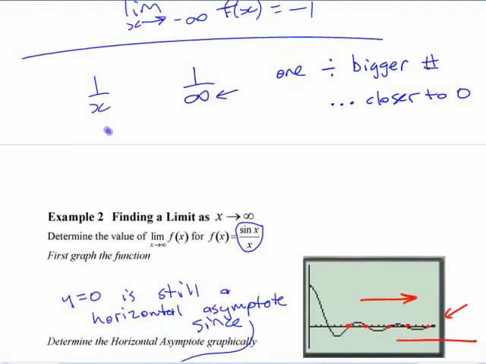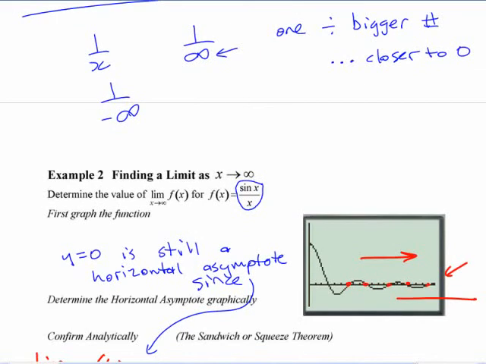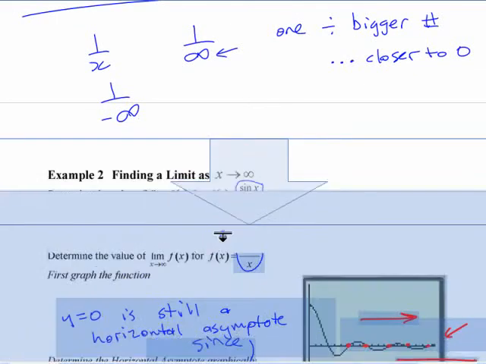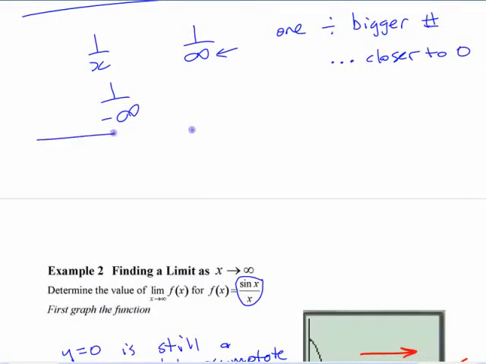If you did it the other way, 1 over negative infinity, it's still the same thing going to happen, right? This one's harder because it's harder to think about. If you have sine x over x, it's harder to think about what happens as x gets bigger here.